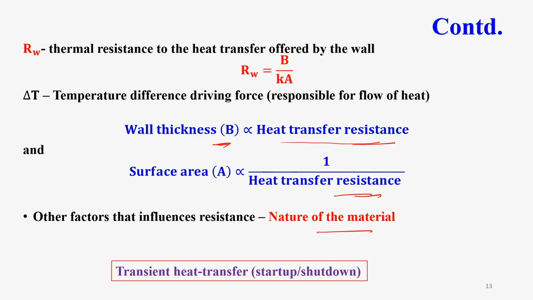So far we have discussed steady state conduction, but many times, particularly during startup and shutdown, there is transient heat transfer. In that case, we need to consider unsteady state conduction, but that topic we will not be discussing in this lecture.